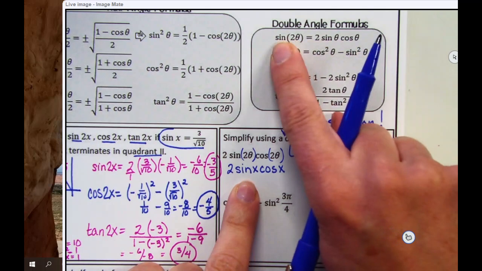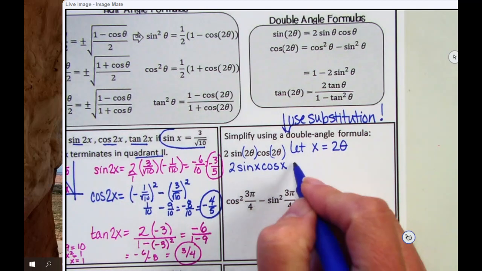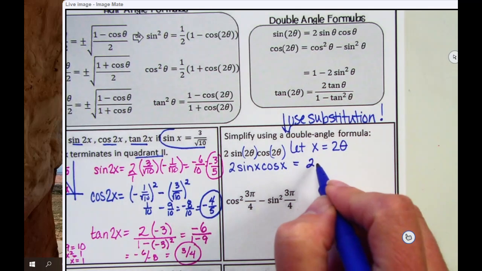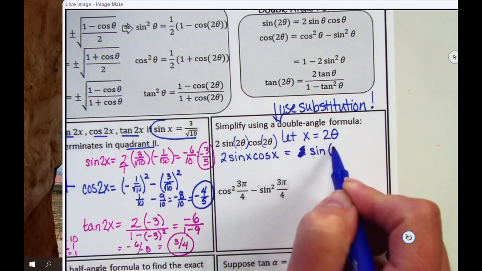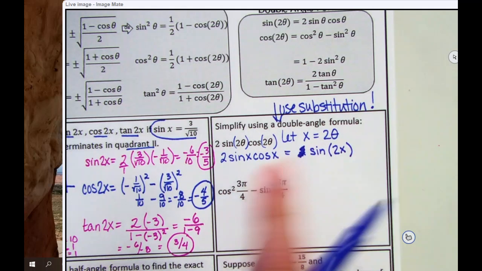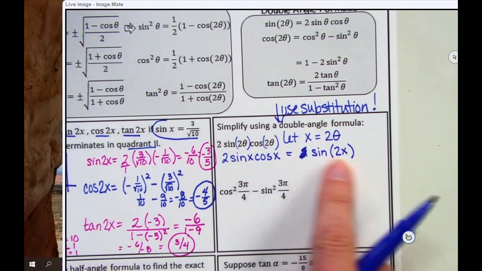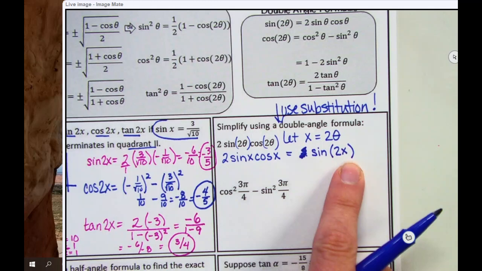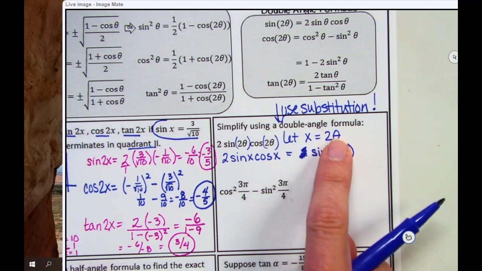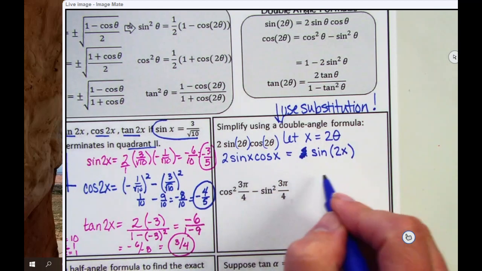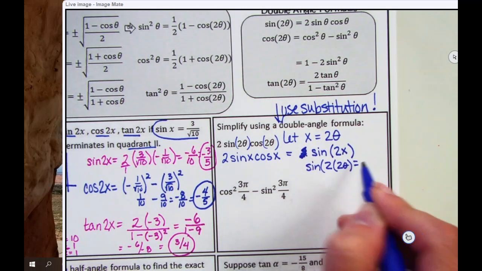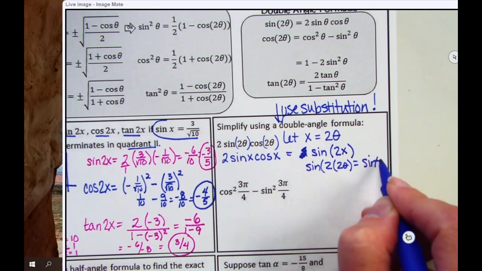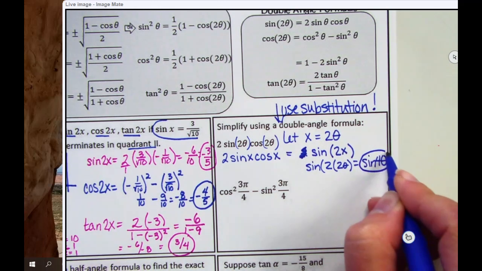What does it equal? Sine 2x, not 20. Whoops, not 2 either. It would equal sine of 2 times x. But what did we say x equaled? 2 theta, right? So this is really sine of 2 times 2 theta, which is sine of 4 theta. And we're simplified.